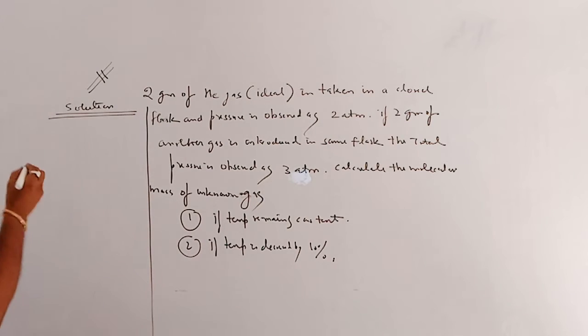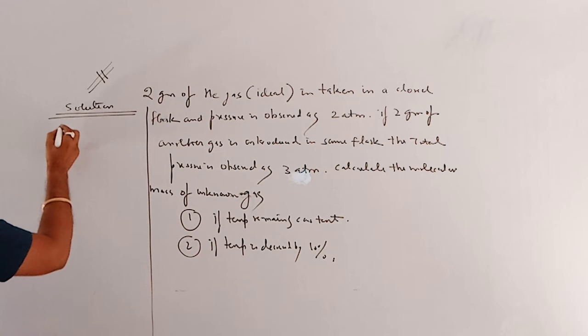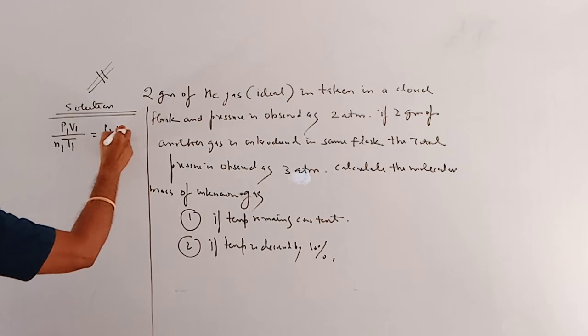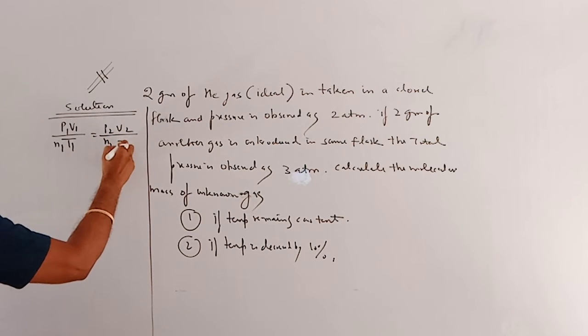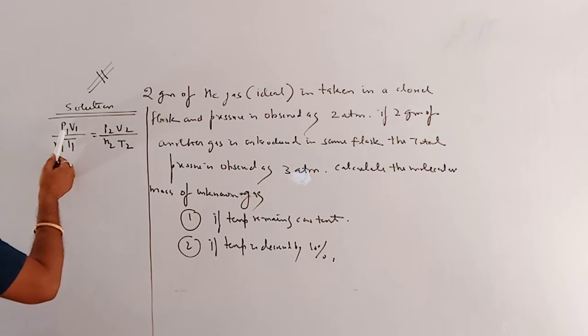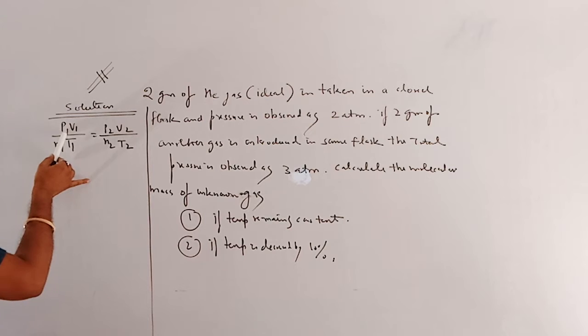We have a relation in terms of number of moles, which is P1 V1 upon N1 T1 is equal to P2 V2 upon N2 T2. Clear? According to the question, initially we have 2 grams of helium and P1 is observed as 2 atmosphere.